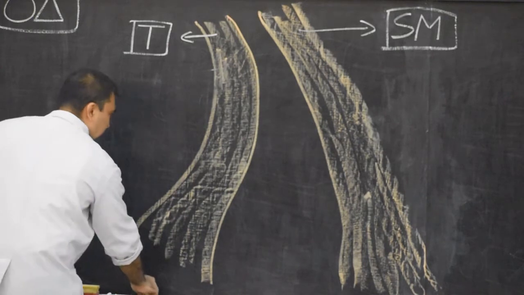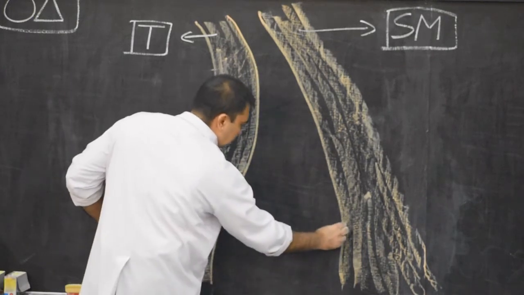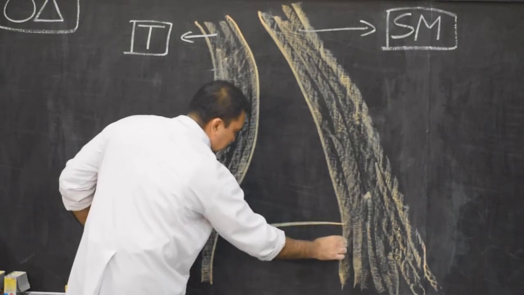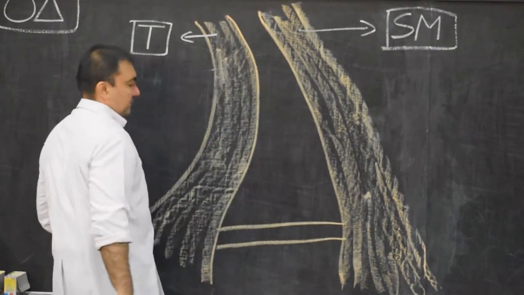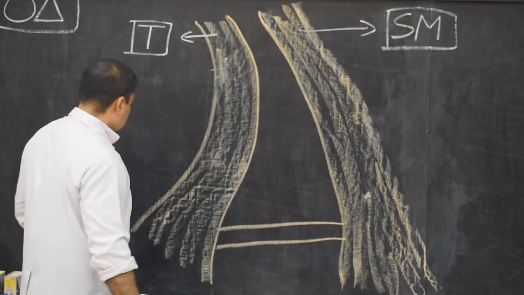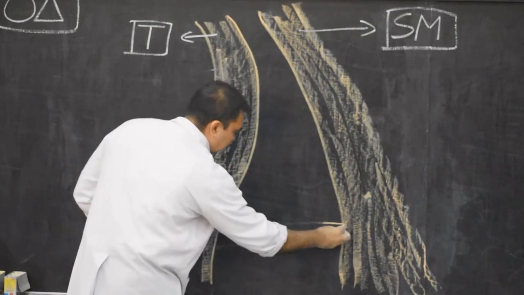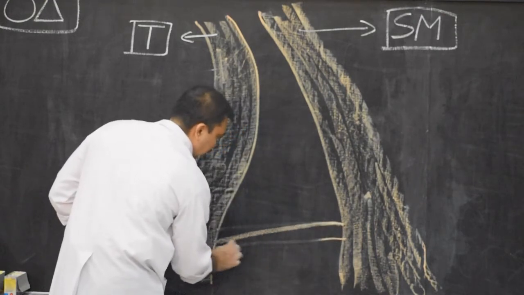Inferiorly, very important, inferiorly there will be this belly of omohyoid. So inferiorly is the belly of omohyoid, or else more oblique. We will draw this more oblique.